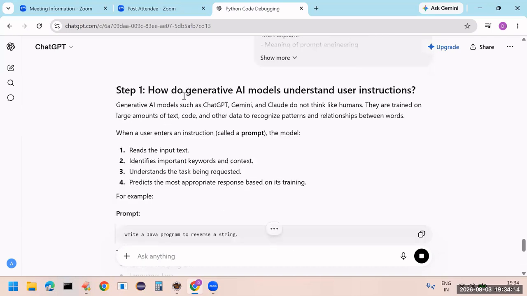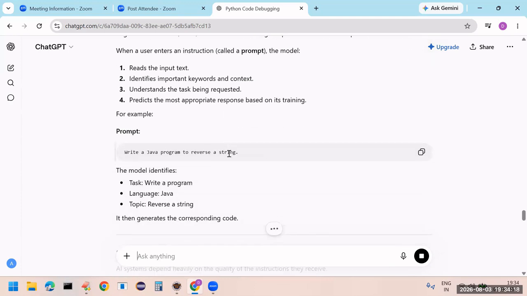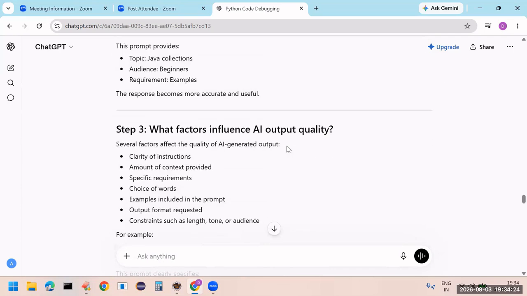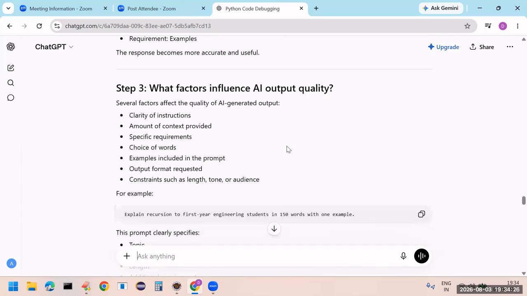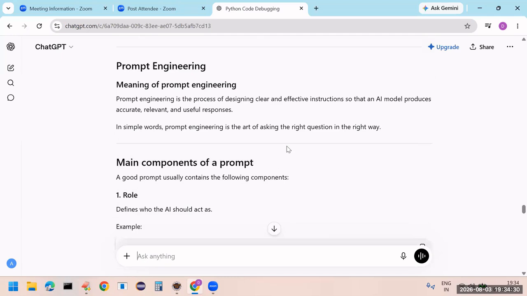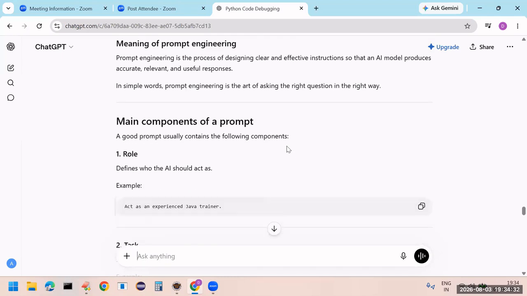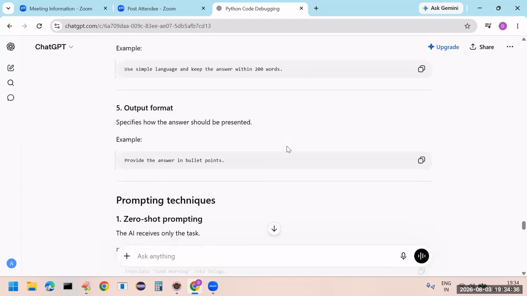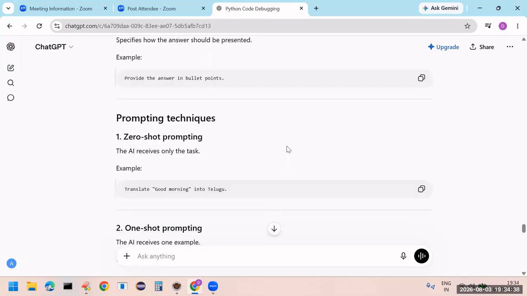How do generative AI models understand user instructions? Why do unclear instructions produce weak responses? What factors influence AI output quality? Meaning of prompt engineering. Main components: role, task, context, constraints, output, RTC0, which we already covered.